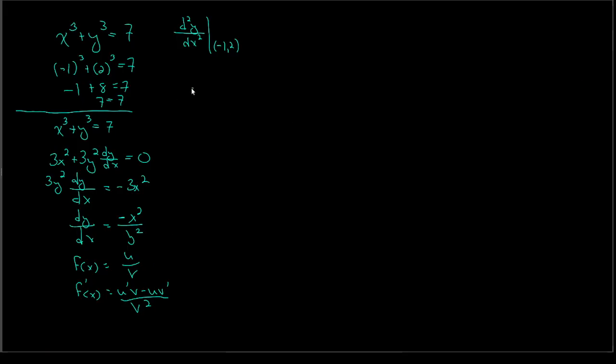So we'll say that our second derivative of y with respect to x is going to be u prime, or -2x, times v, so that's y squared, minus u, which is -x squared, times the derivative of downstairs, which is 2y dy dx, all over y squared squared, right? Y squared squared, or y to the 4th.